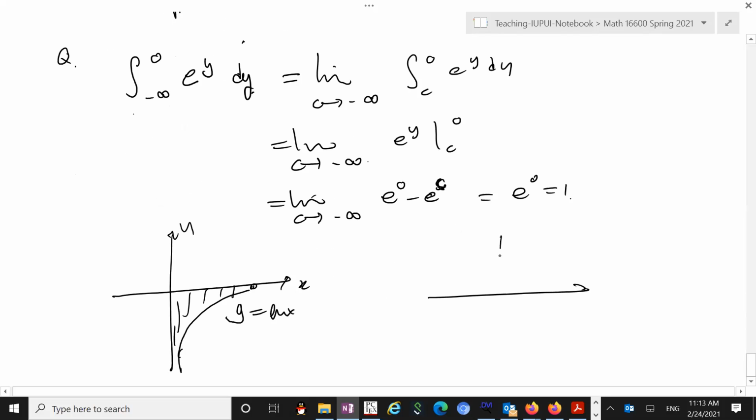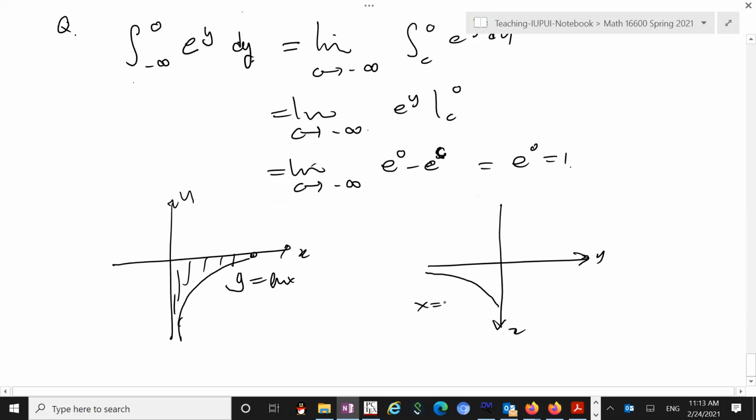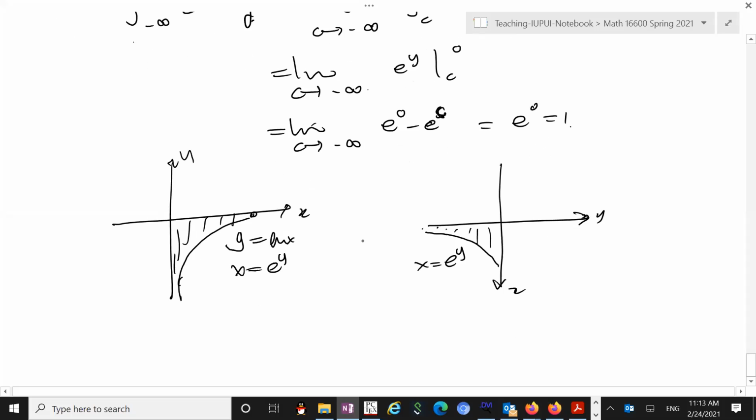So if I rotate it, this graph looks like that, and that is e to the x, the same graph. X is going to be e to the y. Now if I ask you to find the area of that region, it's the same region, just rotating the space.